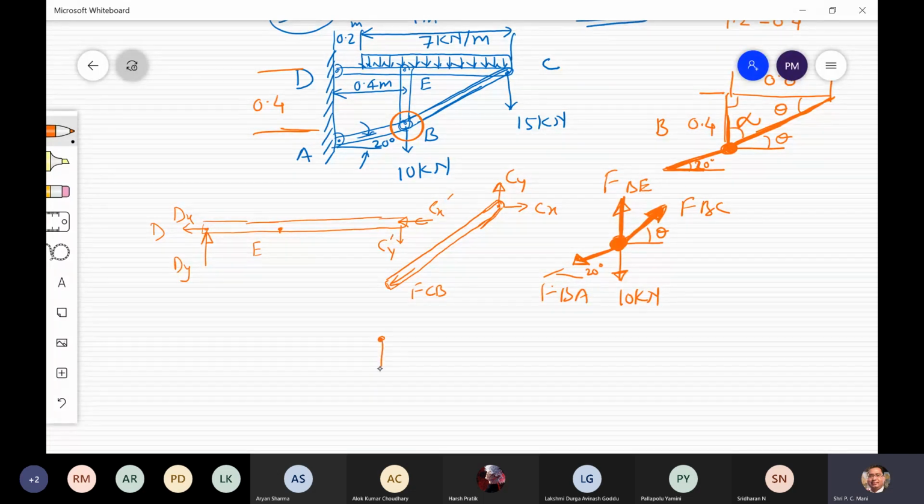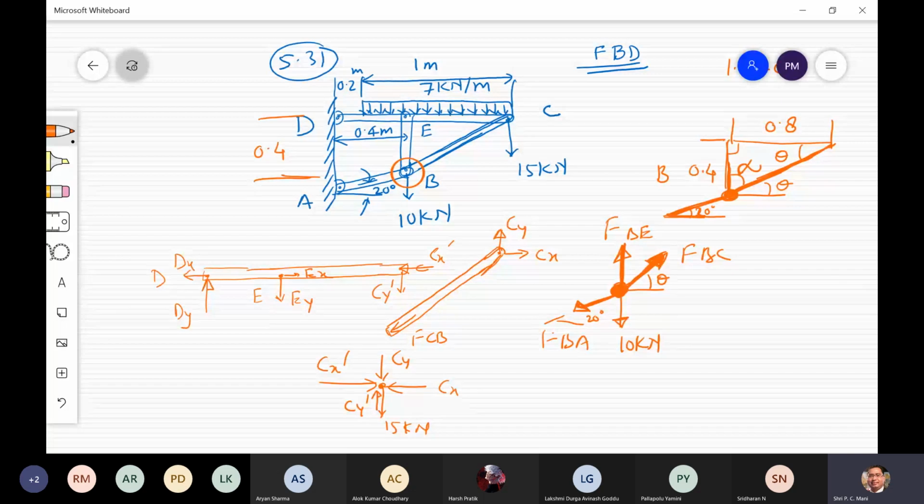Here it will be like this, 15 kilonewton, Cx, Cy, Cx prime. I made Cy downward, so Cy prime will come upward. And here this one is Fe, Ey and Ex.